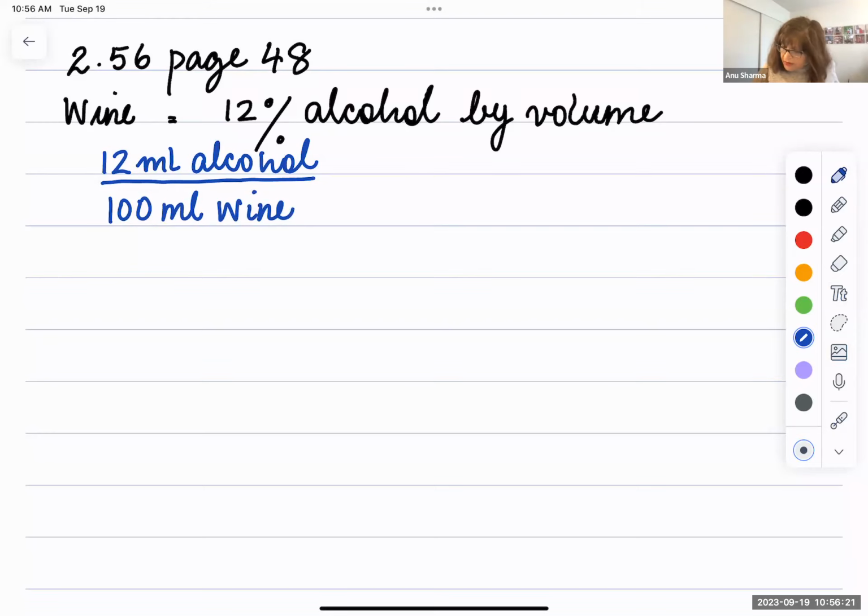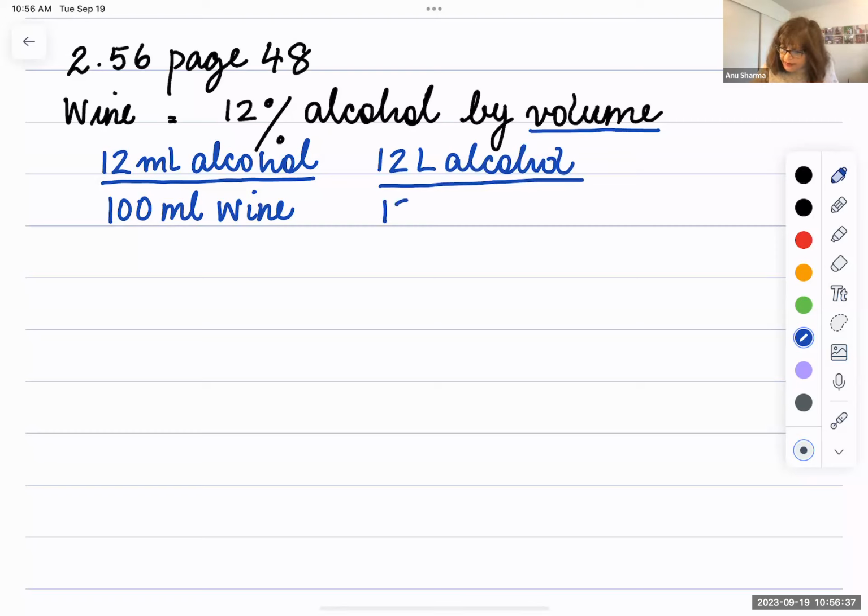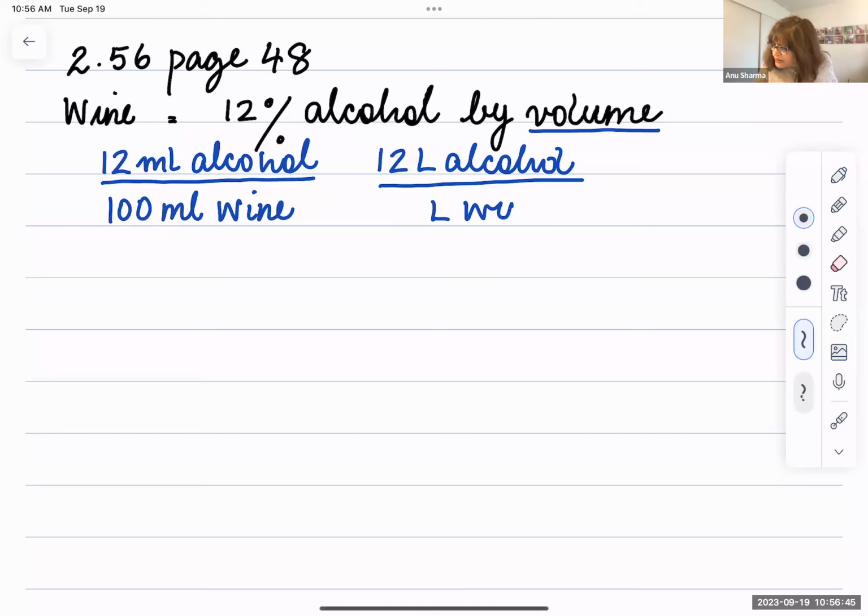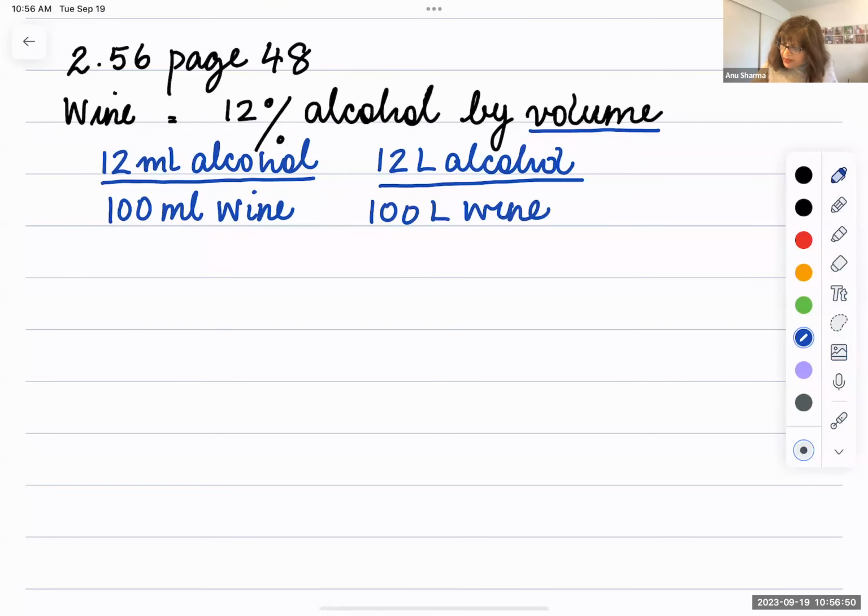It can also mean, because we are talking about volume, something else. It can also mean 12 liters of alcohol is present in, so these percentages are flexible, right? 12 liters of alcohol are present in 12 liters of wine. Oh, sorry, in 100 liters of wine. Okay, so that's the deal with the percentages.